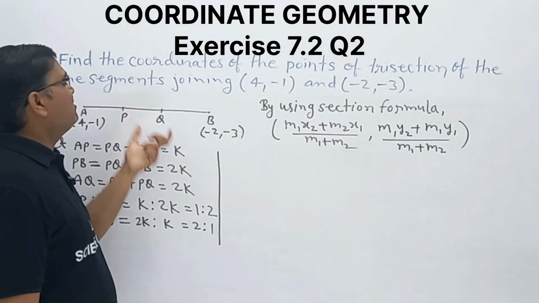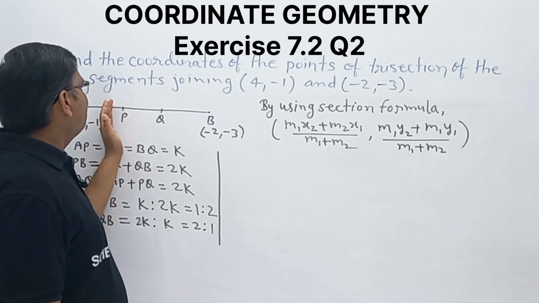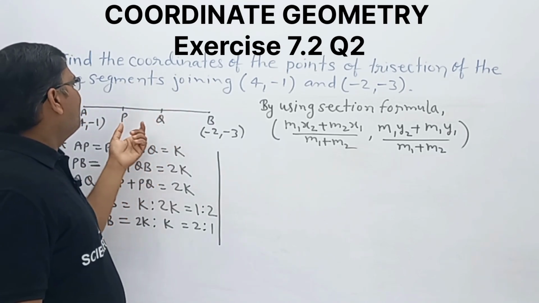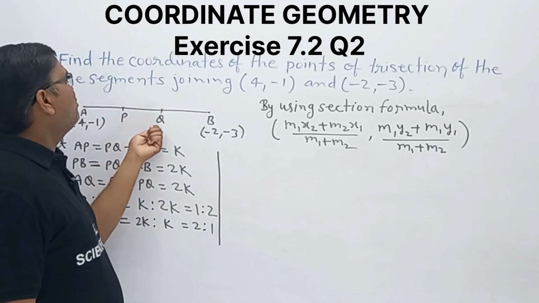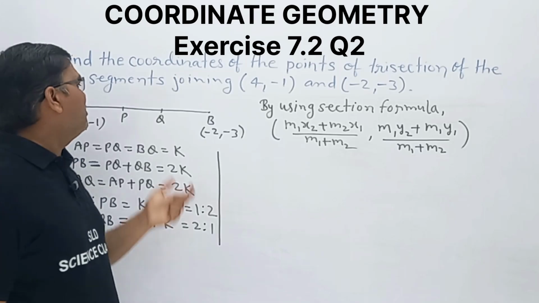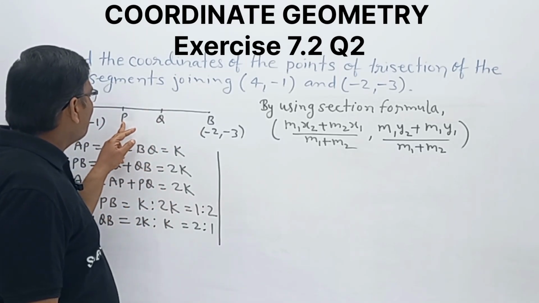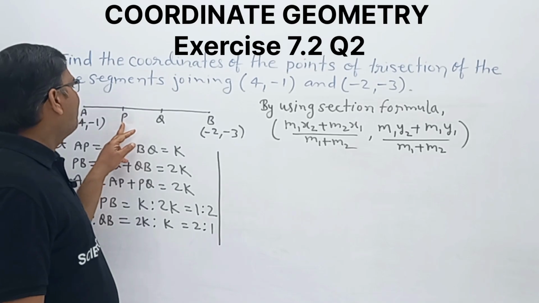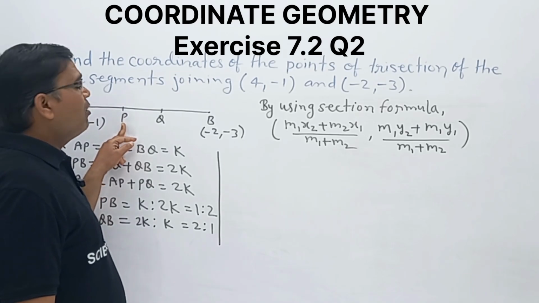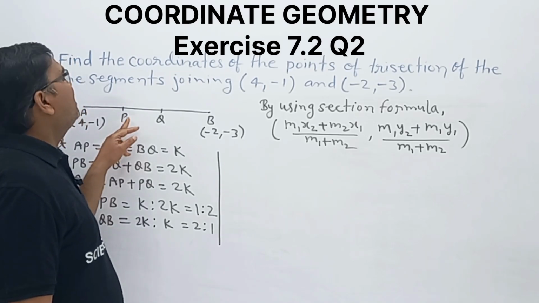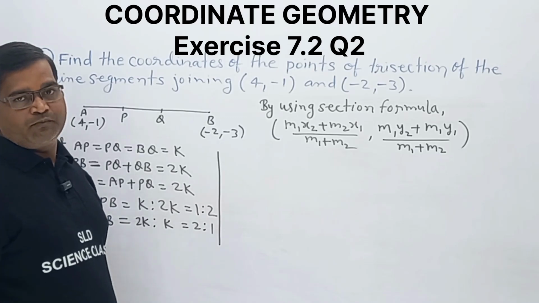Once we divide this line segment in three parts, P and Q are points in between A and B. We want to find the coordinates of points P and Q.